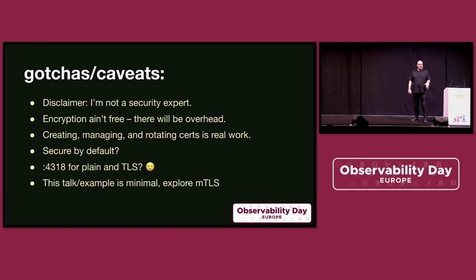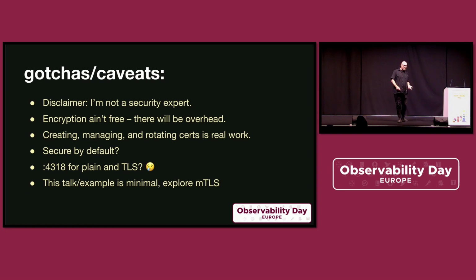As I was writing this talk, it occurred to me that I think people want to be secure by default, and with efforts like Let's Encrypt, every website now has TLS enabled, just kind of out of the box. Why can't we do that in OpenTelemetry? Why can't we just have TLS on by default? And hopefully some of the authority problems that I've outlined here kind of hint why that's not easy for us to do.